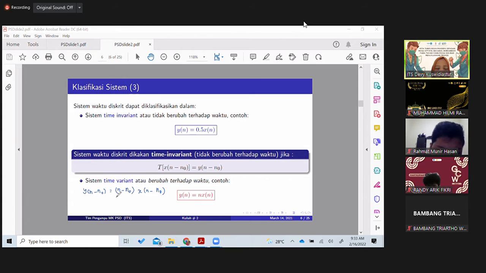So this part here will make the system time varying.